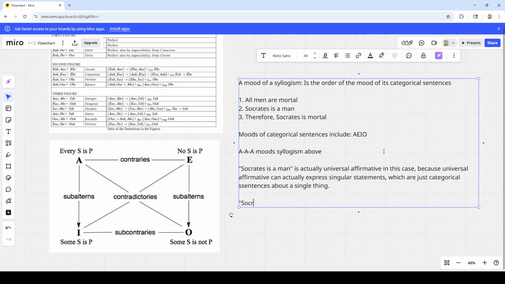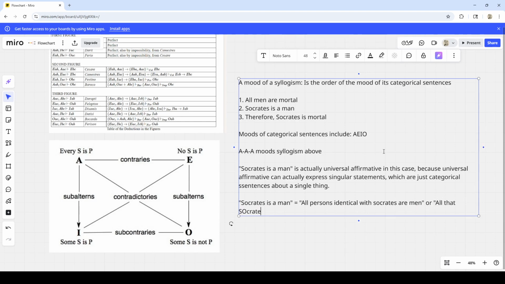So "Socrates is a man" is logically equivalent to "all persons identical with Socrates are men." So a universal affirmative can actually express a singular statement, right, about a single thing. And so that is why the last two categorical sentences are logically universal affirmatives.